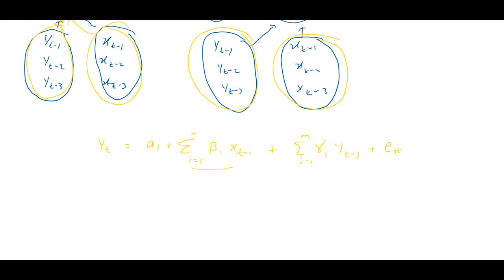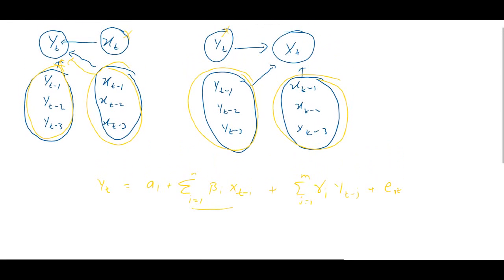Similarly, gamma j is the coefficient of y with its lag value up to j. If j is equal to 4, then yt minus 1, yt minus 2, yt minus 3 and yt minus 4. So that is how we can expand the equation. Here we have written this equation for y. We call it equation number 1.